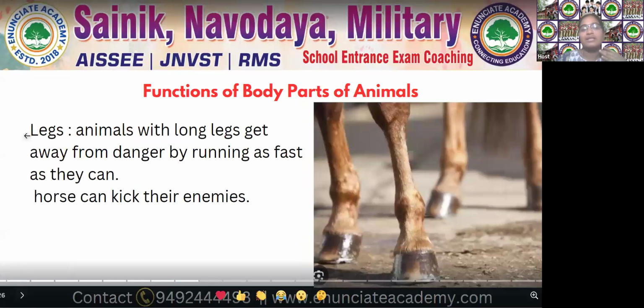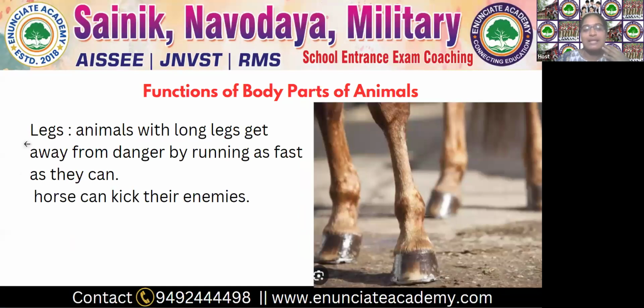Another one is legs. Animals with long legs, for example giraffes, horses, and cattle, can get away from danger by running as fast as they can. Some animals like horses can also kick their enemies with their legs.